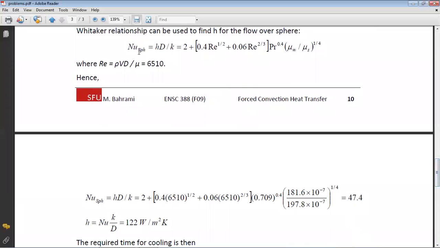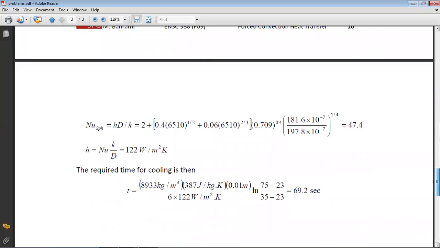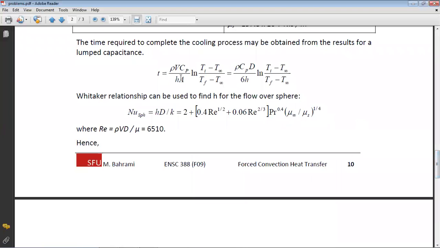Again, if you equate the Nusselt number to hD by k: in case of flat plate, we took the dimensional parameter to be length. In case of sphere, the dimensional length will be diameter. hD by k will give the value of h as 122 watt per meter square Kelvin. And once you know the value of h, it is easy to substitute in this equation.